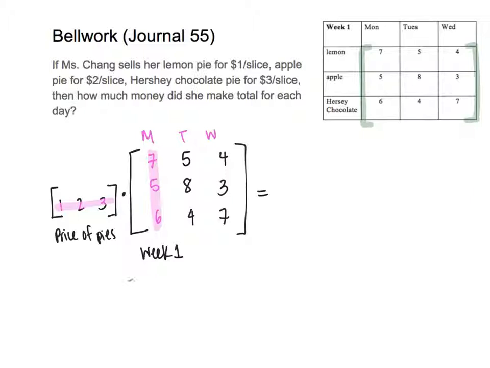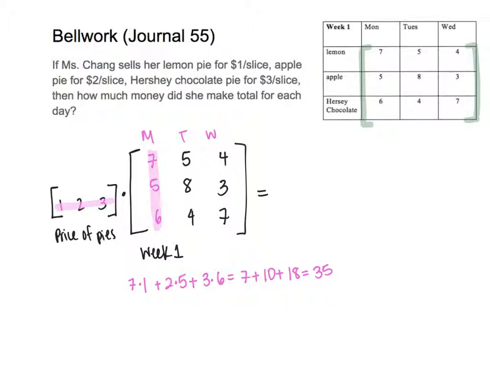So 1 times 7 plus $2 times my 5 apple pies plus my $3 times my 6 Hershey chocolate pies. So if I multiply all this, 7 times 1 gives me 7, 2 times 5 gives me 10, 3 times 6 gives me 18. If I total this all up, I get 35. And so it looks like I made $35 on Monday.